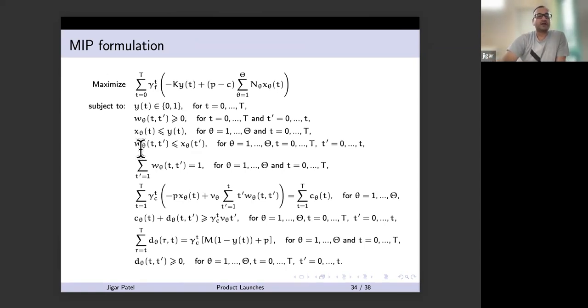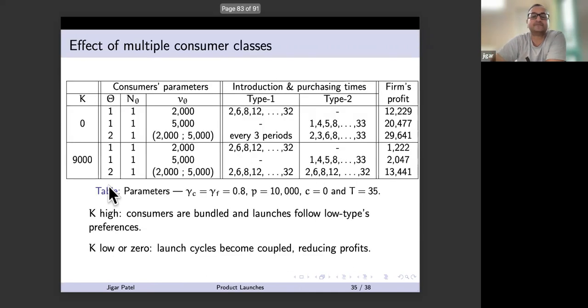Although it looks ugly, it has just one binary constraint and a single maximization, and a single maximization subject to a whole bunch of constraints is reasonably solvable. We solve this and find the optimal launch times for certain types of market structures and such.